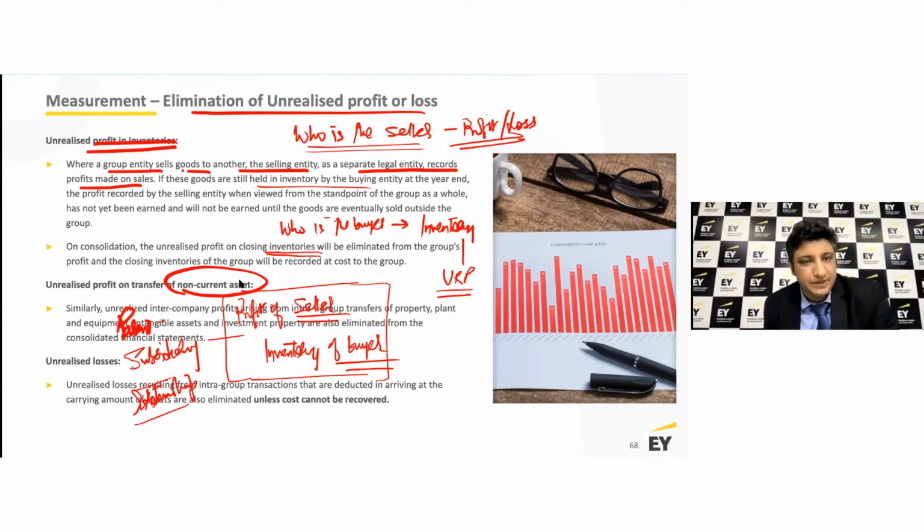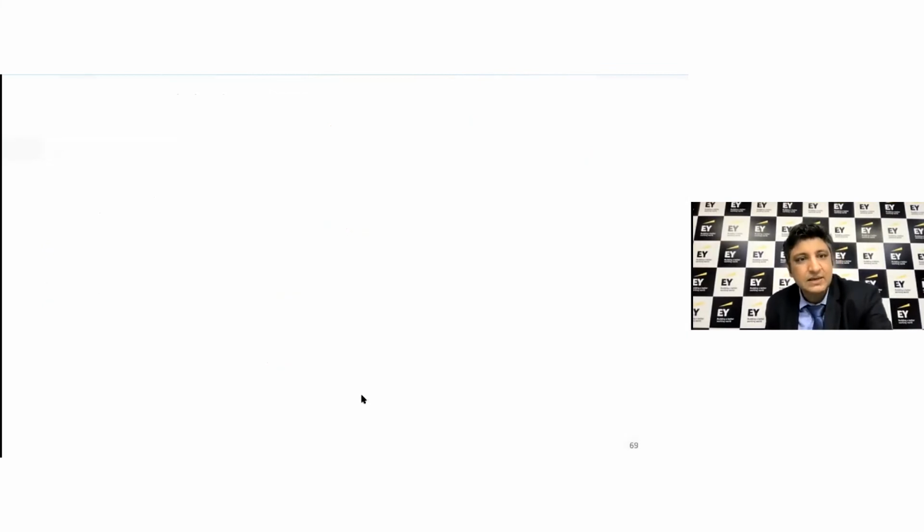So that needs to be reduced. There are some questions that we want to discuss to understand this better, but broadly, this is something you need to be comfortable with. It's a similar treatment; you do it, for example, for unrealized losses as well. Less tested in the examination, but you should be very comfortable understanding the concepts.